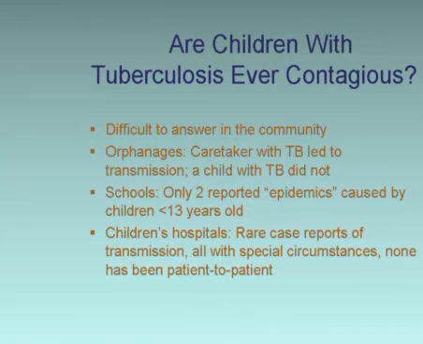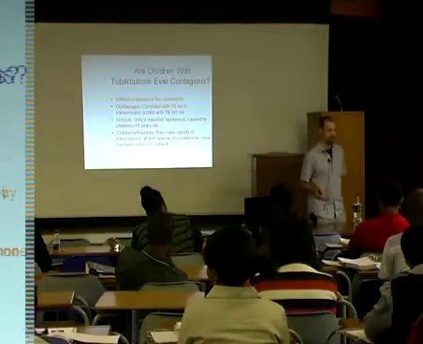So it's not very common for these children to spread it. The same is true in school. There's only been a few epidemics where a child less than 13 years old has been the source of the TB infection spreading through a school. It's more commonly an adult, teacher, or worker at the school that's spreading it to the children within the school.